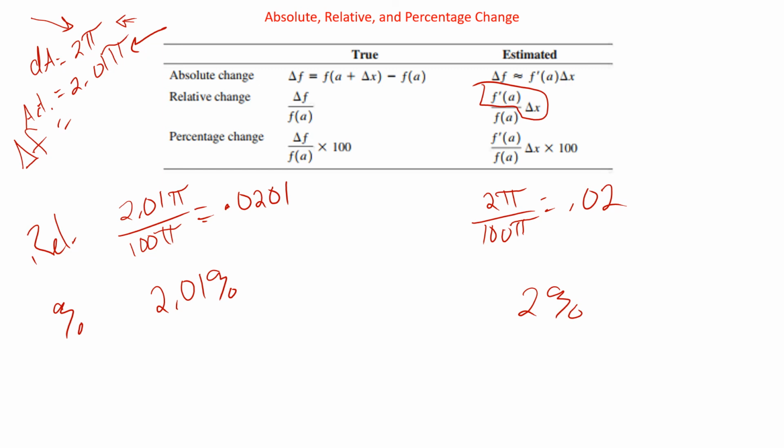Most of what we've done, the differentials and all that, is just straight absolute change. That was the linearization. We found the estimate. For the true value, we actually had to find the true value. So those are the differentials. And then for the relative and percentage change, we just saw, this was the difference.